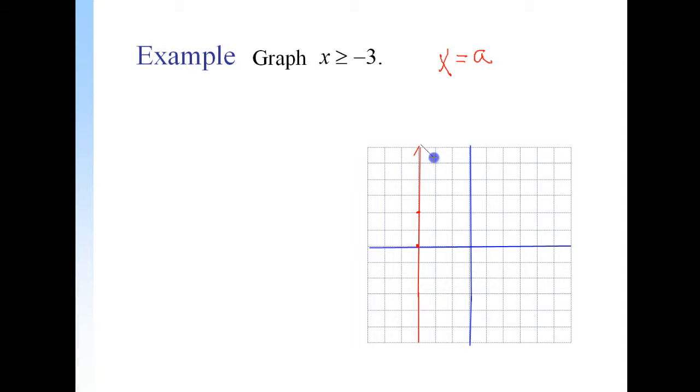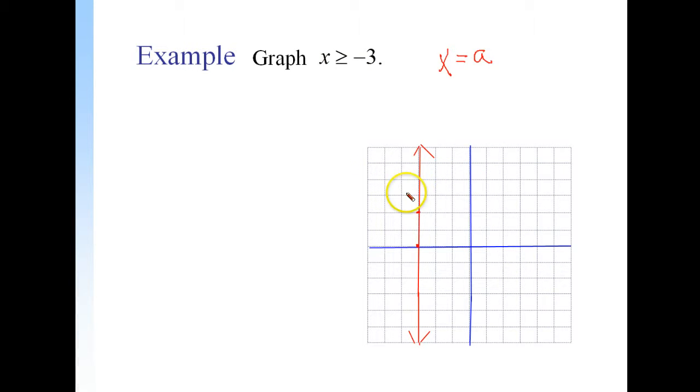And where do we shade? Now it says x is greater. So is it greater on the right, where numbers are positive, or greater on the left, where numbers are negative? And it's going to be greater on the right, where the numbers are positive.